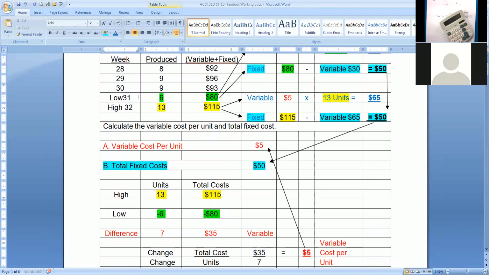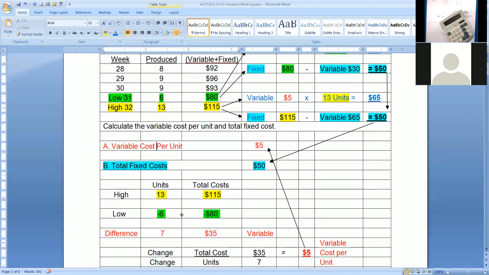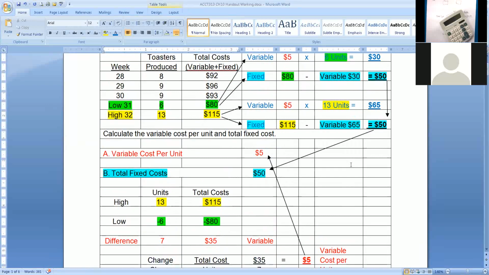This one was the low. And we use those to come up with our variable and fixed cost. Any questions?